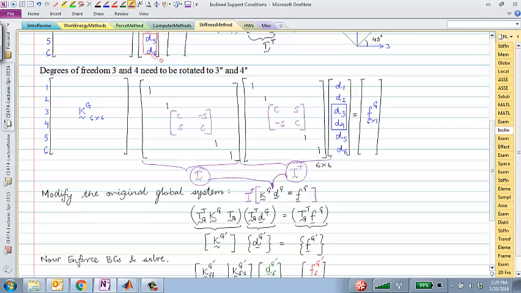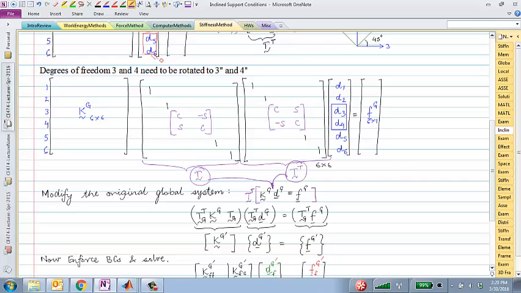That's the transformation required to take the global coordinate system at degrees of freedom 3 and 4 and rotate it to 3 double prime, 4 double prime only at that node. Everything else, all the other degrees of freedom, remain exactly the same.